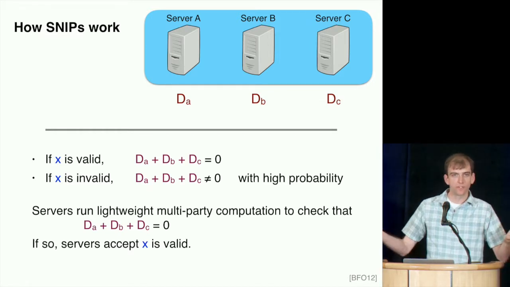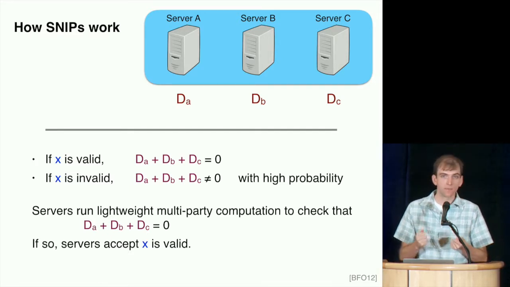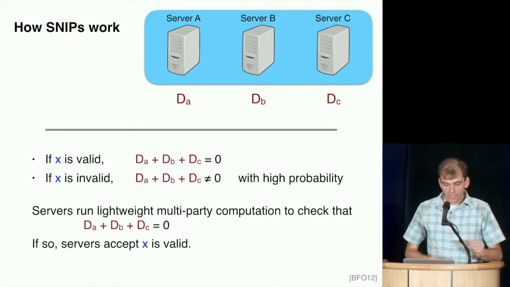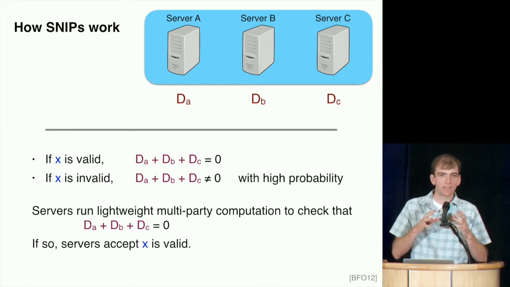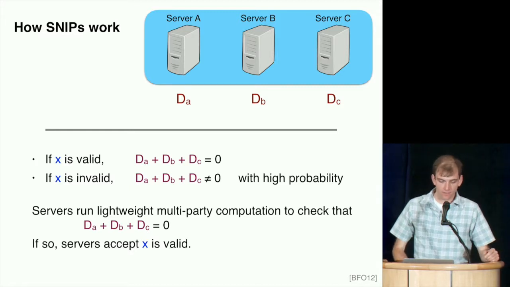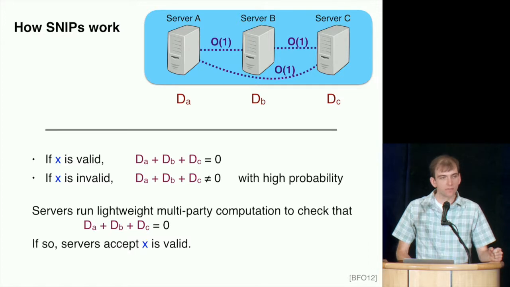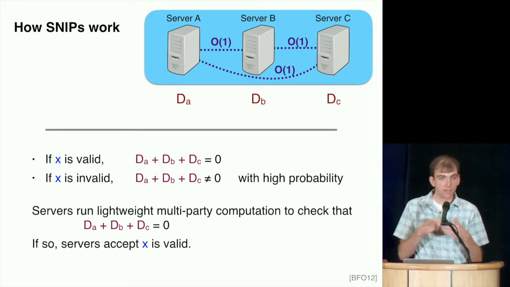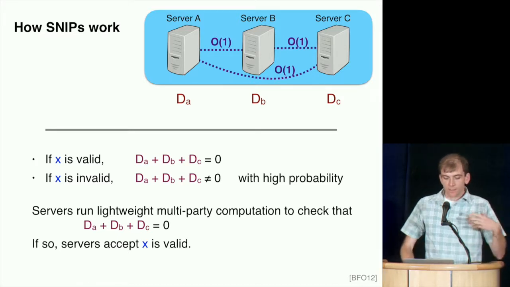So now we've reduced the entire checking process to just checking whether these 3 values sum to 0. The servers can run this very lightweight check, and that checks everything else that they need to validate. So the result is the servers only have to do a constant amount of communication and a constant number of rounds to check each client request. So that's how they work.